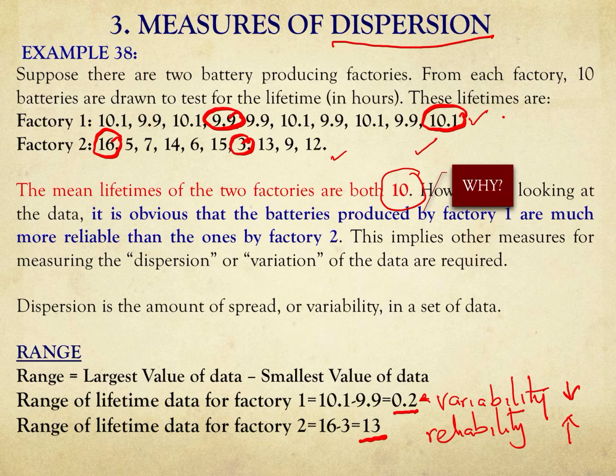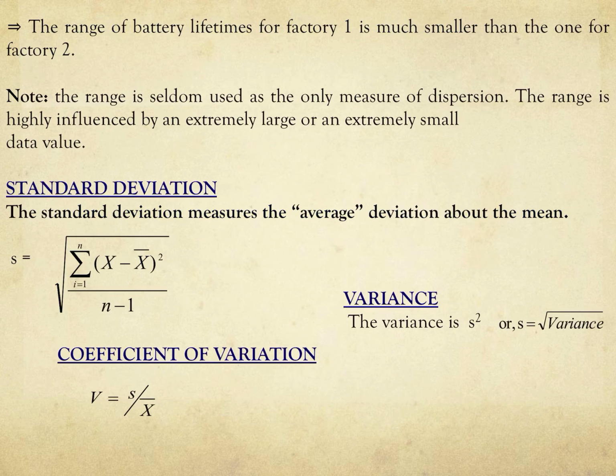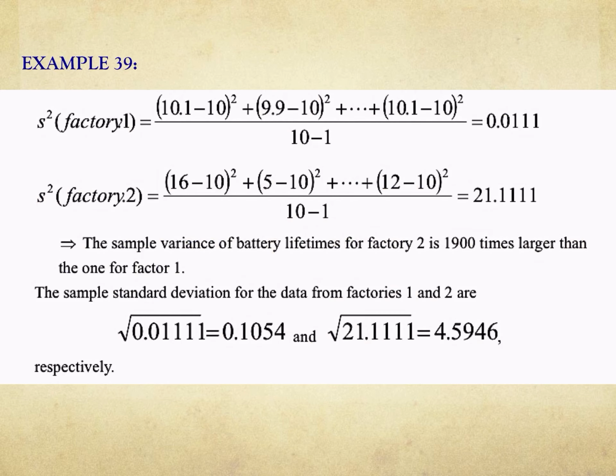There are other measures of variability or dispersion, which are standard deviation, variance, and coefficient of variation. Please take note of the different formulas provided for these. Those are the other ways to calculate your dispersion.